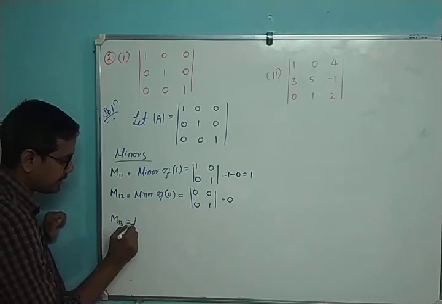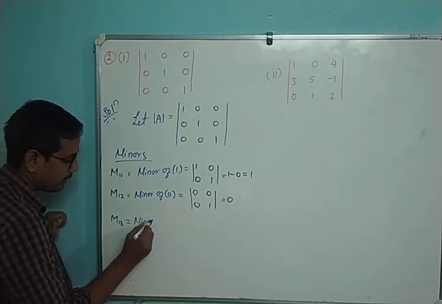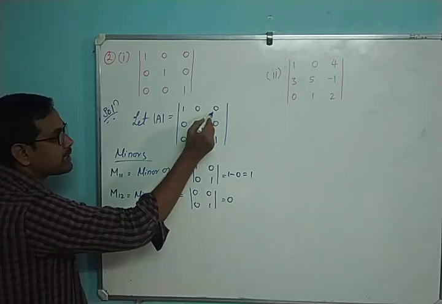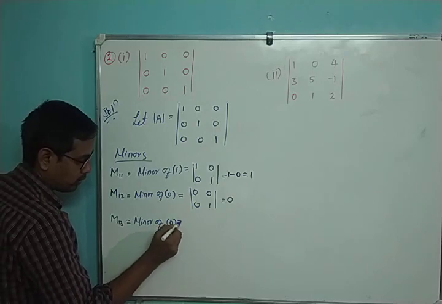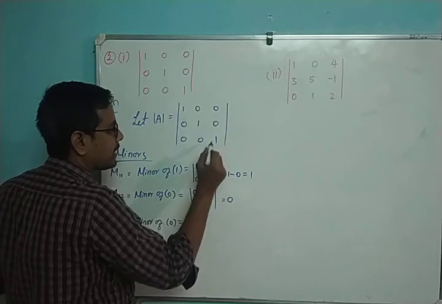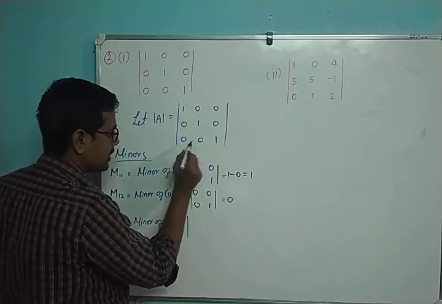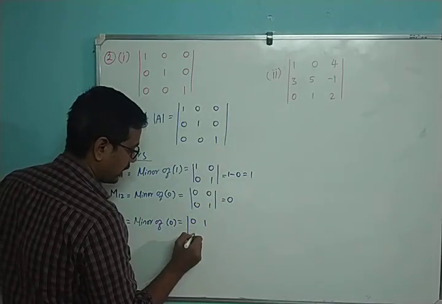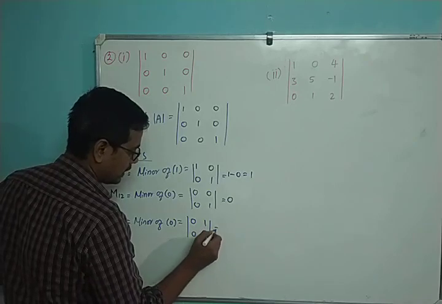Okay. Then M13 is minor of this 0. So leave the row and column containing this 0, that is first row and third column. So what will be left? 0 1 0 0. Nothing but 0.